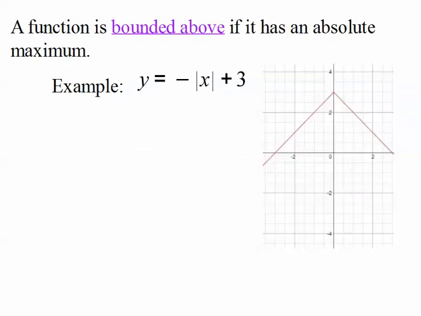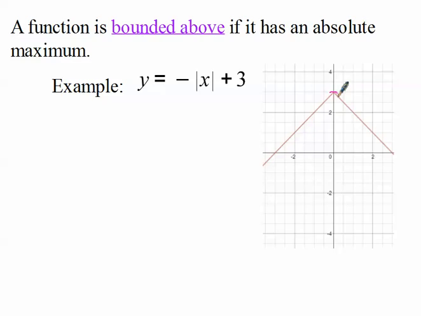Okay, so now let's talk about bounded above. A function is bounded above if it has an absolute maximum, meaning the graph will absolutely never go above that point. So we've got our function here, y equals the opposite of the absolute value of x plus 3. And we can see that the absolute maximum in this case happens right here where y is 3.